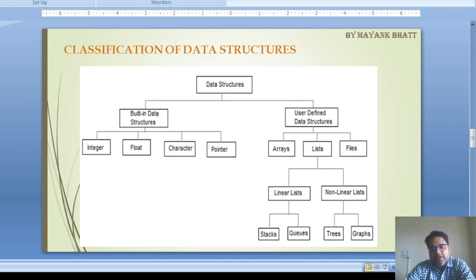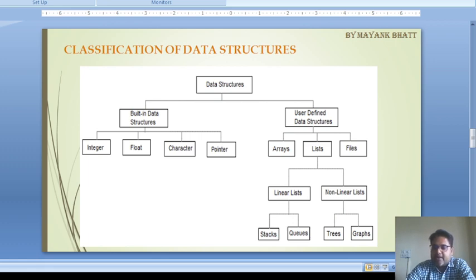Here you can see the classification of data structures. Data structures basically have two forms. One is built-in data structures, and the second one is user-defined data structures. Built-in data structures, which we have already seen, are integers, floats, characters and pointers, which are already available in any type of programming language.